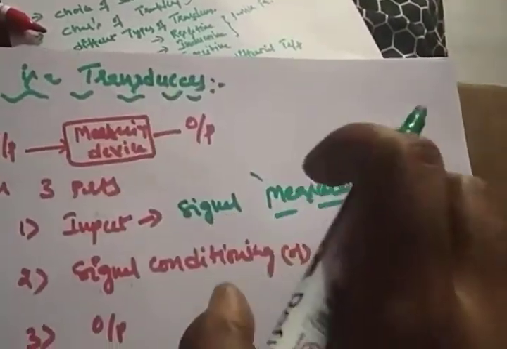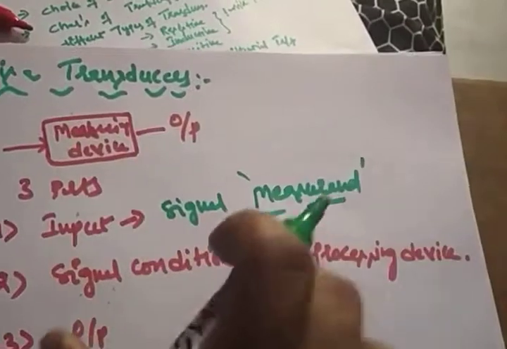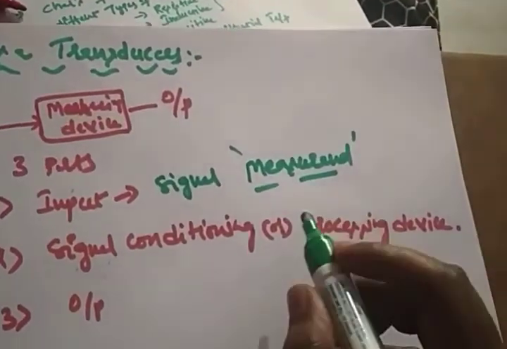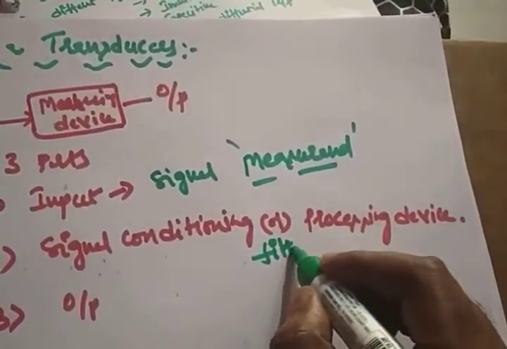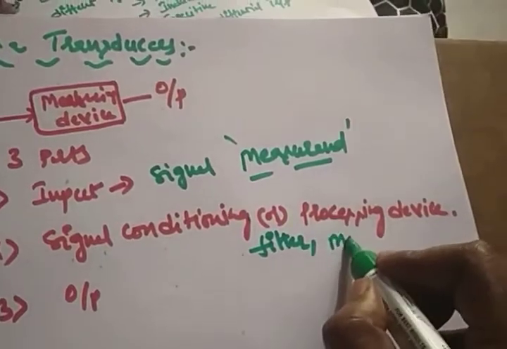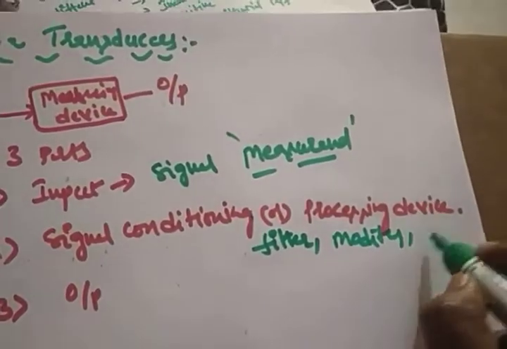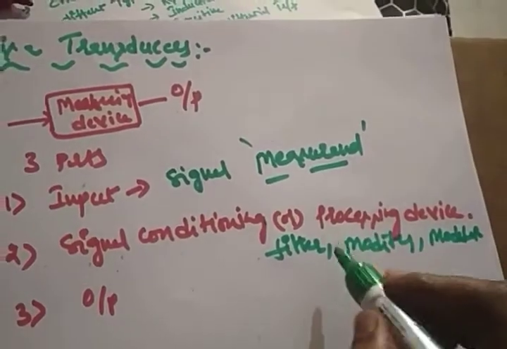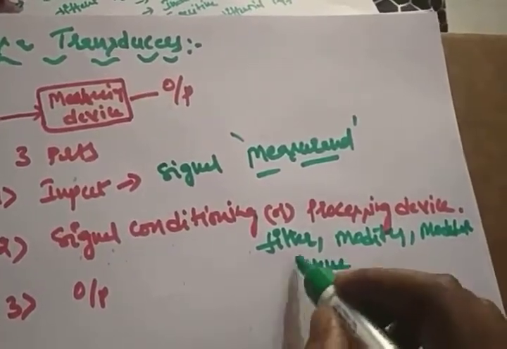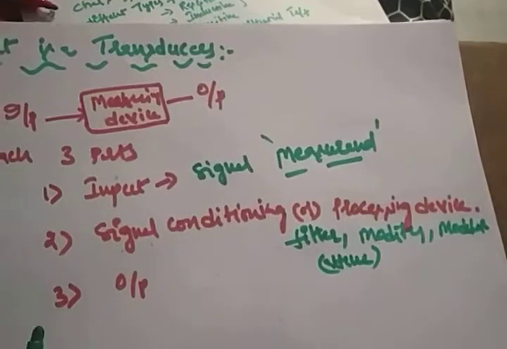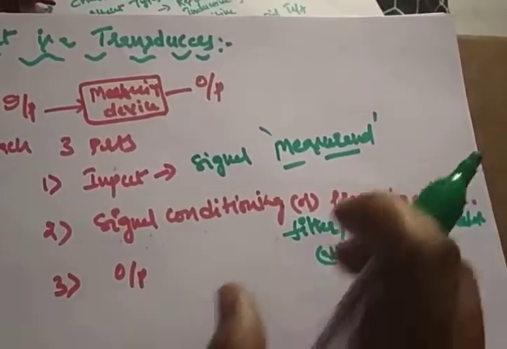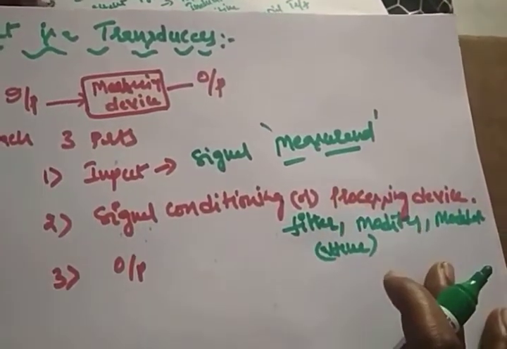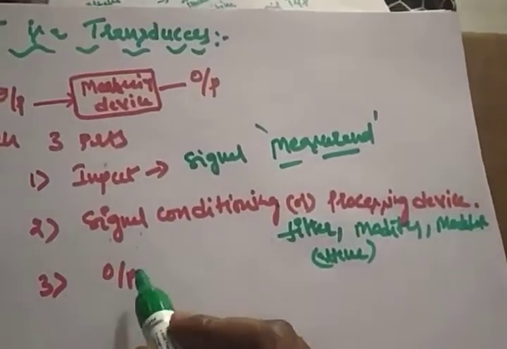All these things can be done in a signal processing unit. So the function of signal processing devices is as a filter, modulator, and attenuator.